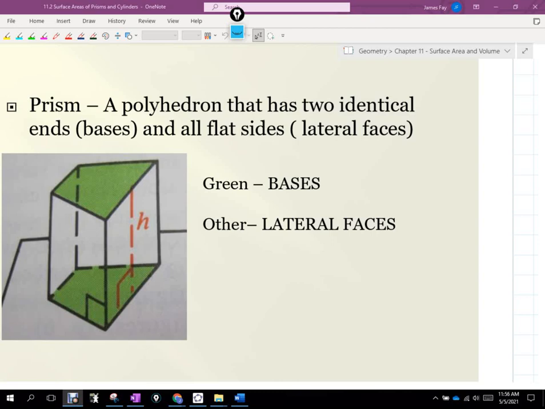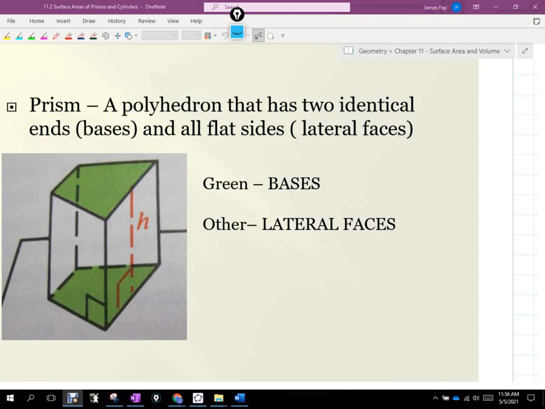I think it's a little bit easier here with this shape than it is with others. We can identify that the two bases are going to be the identical pairs. They're going to be parallel, okay? And usually, if they're not all rectangles, the bases are going to be the non-rectangular surfaces, okay?